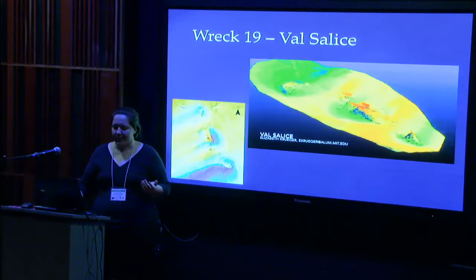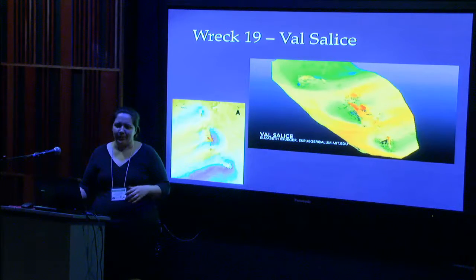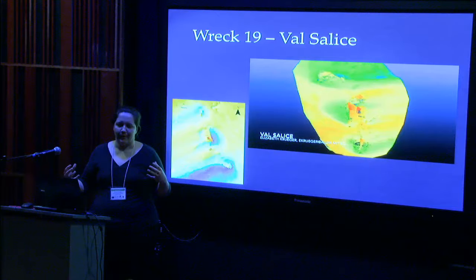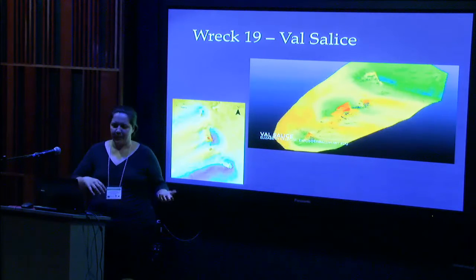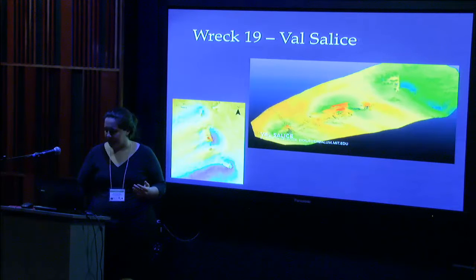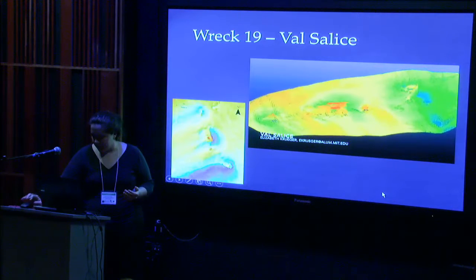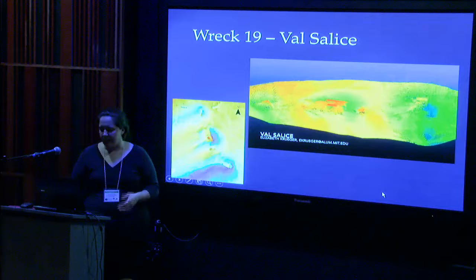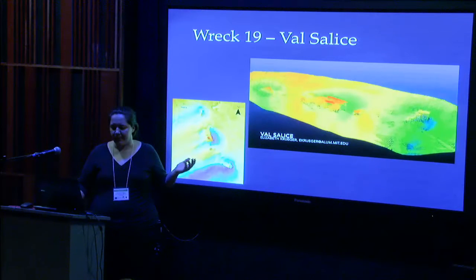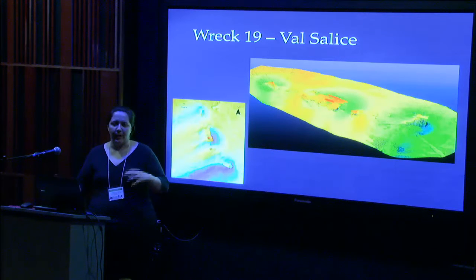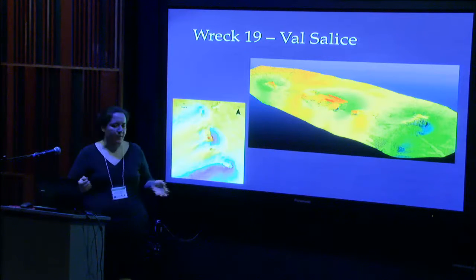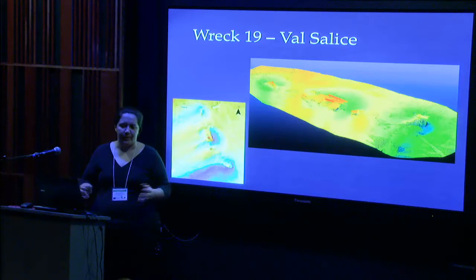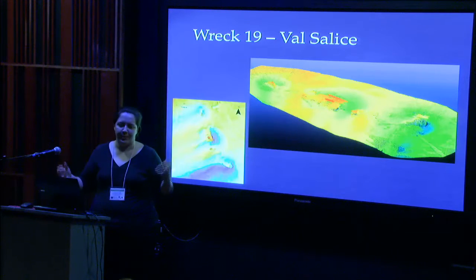So that's one downside of this method, is that it only really can work on ships that are uncovered and exposed, because if they're not exposed, then you're just going to see seabed. And basically for wrecks like this, you're not getting a whole lot more out of the point cloud than you would if you were just using the GIS model, because there's not really much more information that you're going to get out of it.